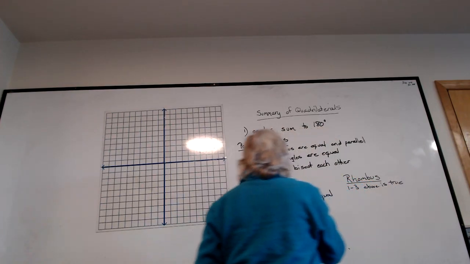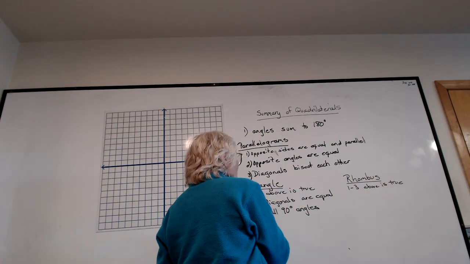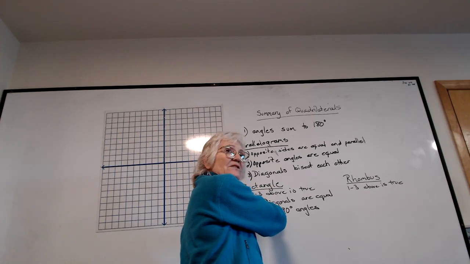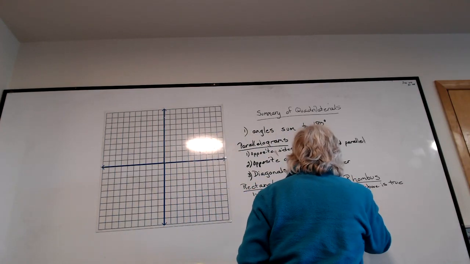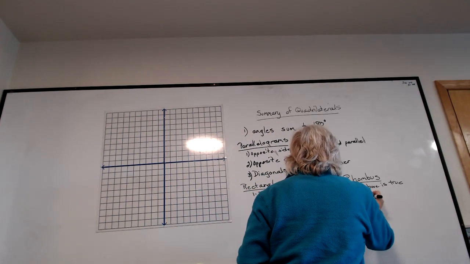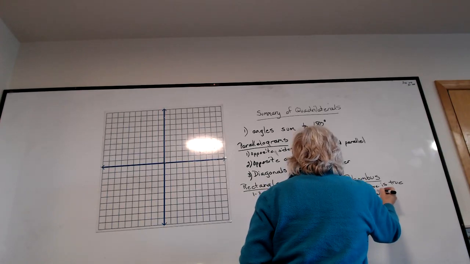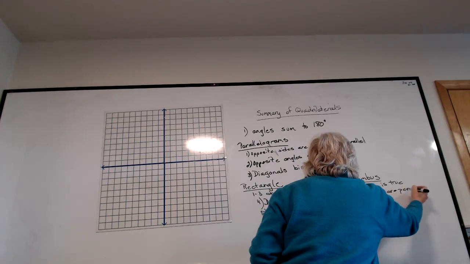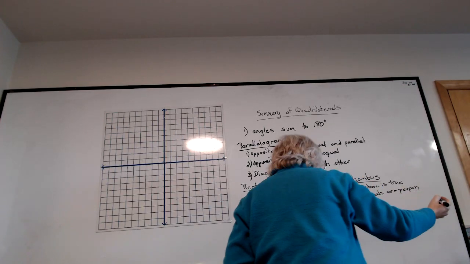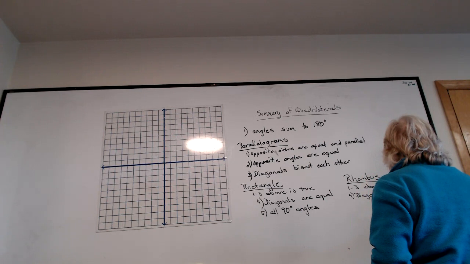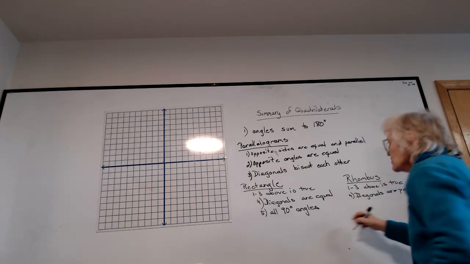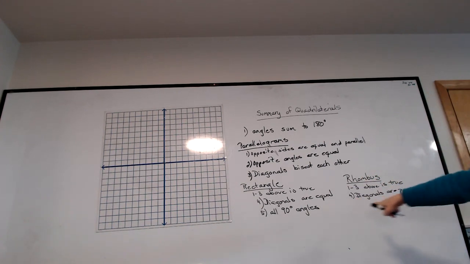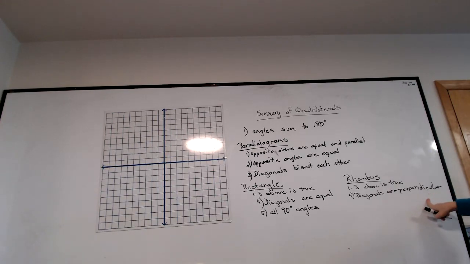But it doesn't have 90-degree angles, and the diagonals are not necessarily equal, but the diagonals are perpendicular. Can't write that very well. Okay, so here the diagonals are equal. Here the diagonals are perpendicular. Okay.